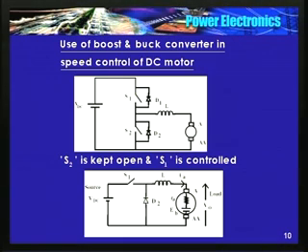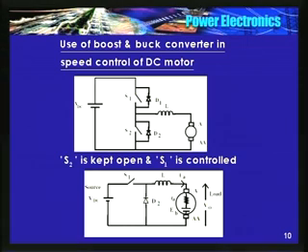But then that VDC is equal to IARA plus EB. Okay, this V0 is equal to IARA plus EB. So even if D is equal to 1, EB is less than VDC.